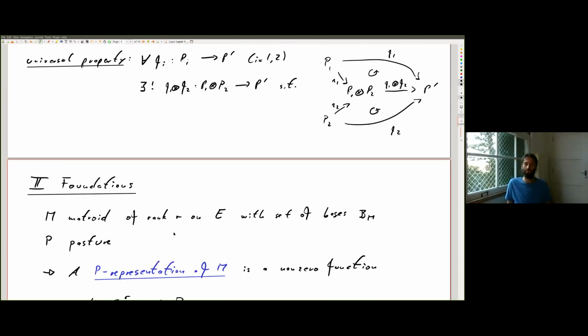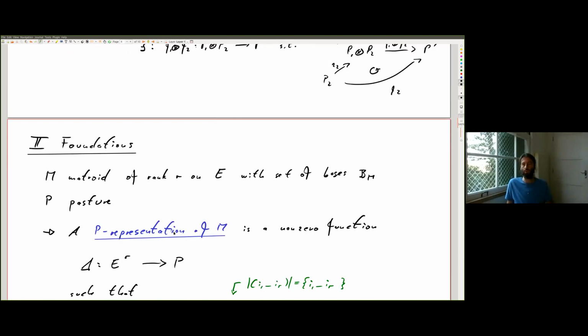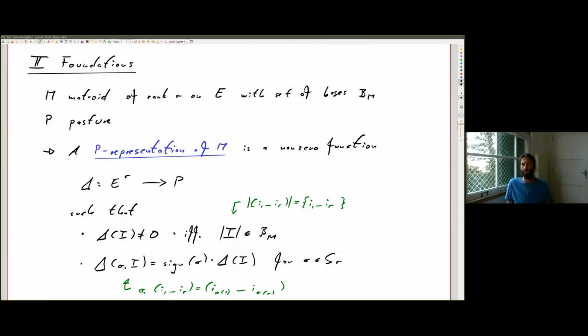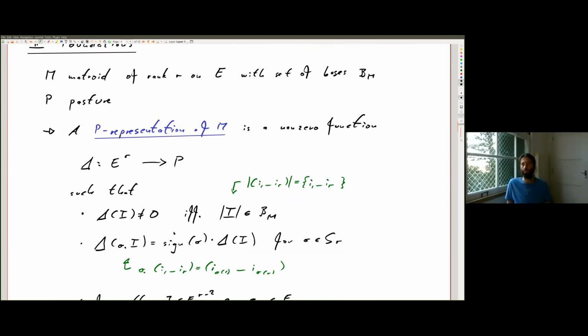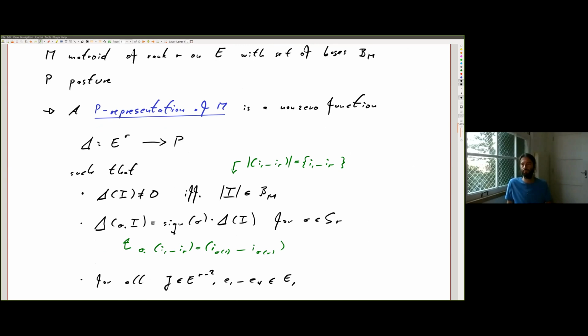P is a pasture. First I recall a definition from Matt's talk last week, namely that of a P-representation. A P-representation of M is a non-zero function delta from r-tuples in E to the pasture P that satisfies the following three axioms.